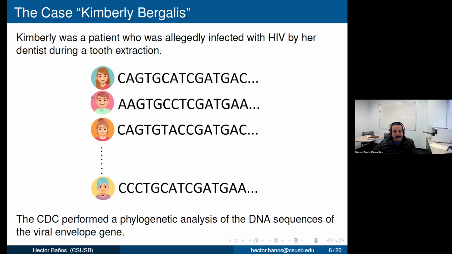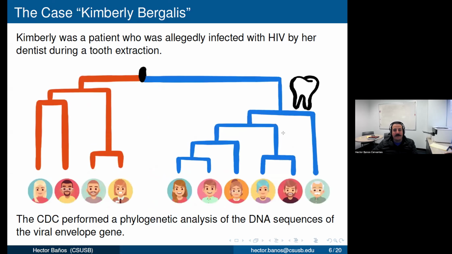For each of the 10 patients, they look at the viral envelope genome, and then they look at which ones are the most closely related, or which ones are really alike. And when they obtained something of this sort, where of the 10 people, 6 had a virus really closely related to that of the dentist.